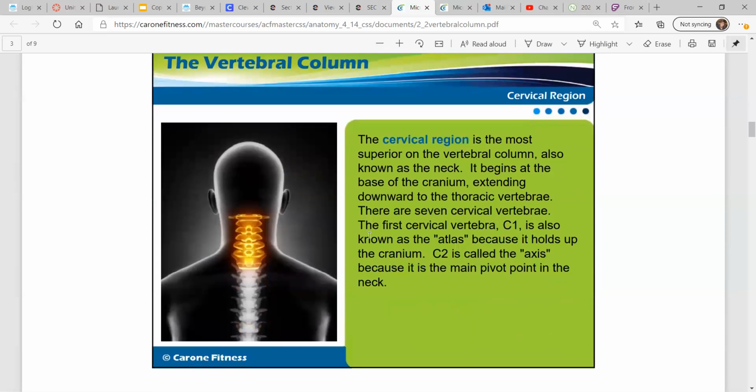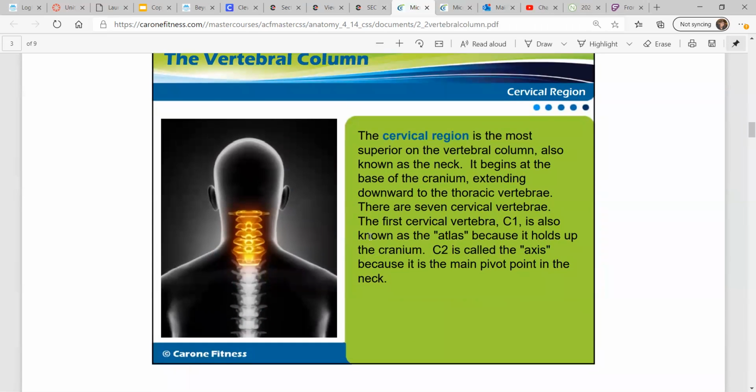The cervical region is the most superior, the most upper on the vertebral column, and it's known as the neck. It begins at the base of the cranium, extending downward to the thoracic vertebrae. And there are 7 cervical vertebrae.